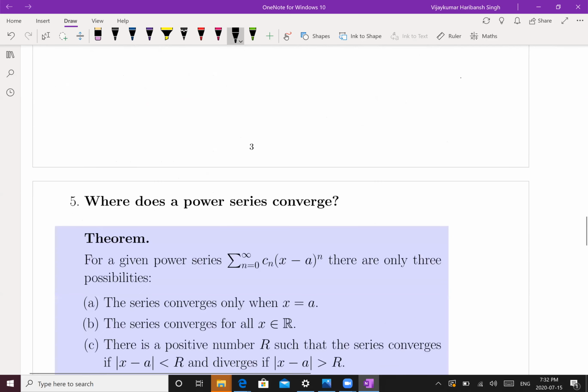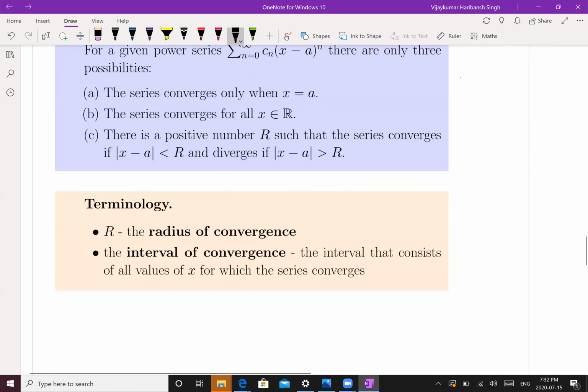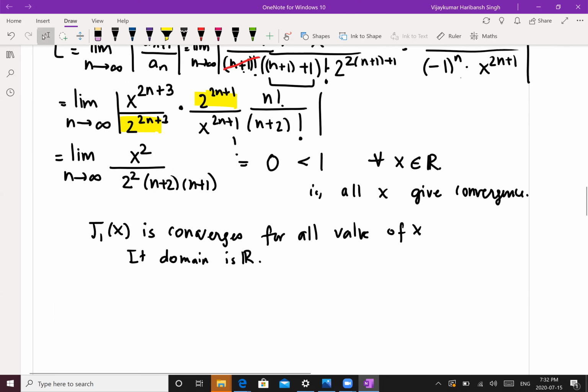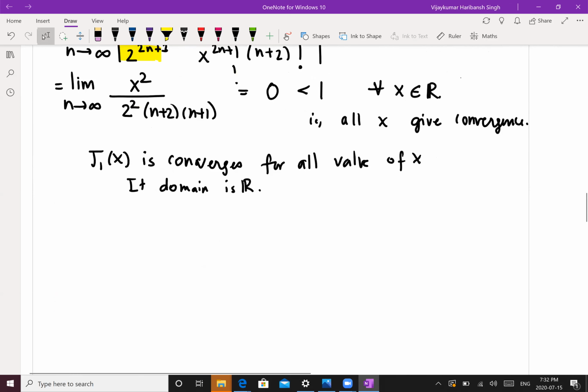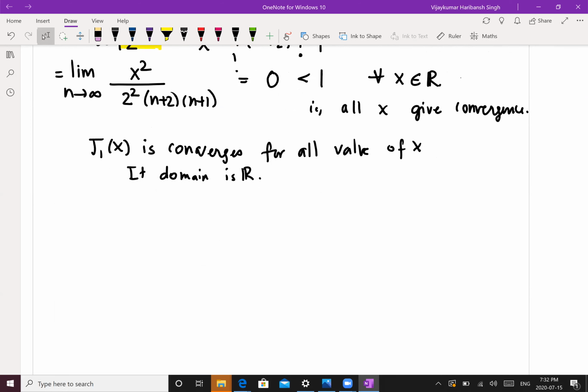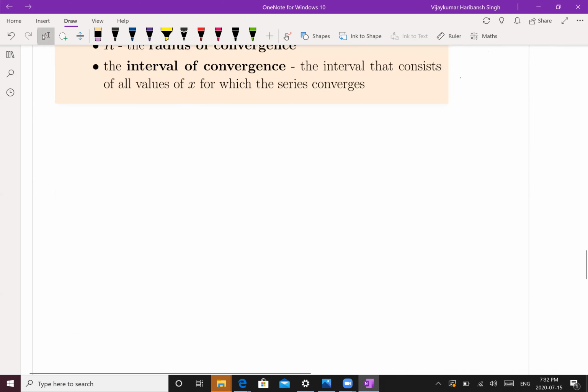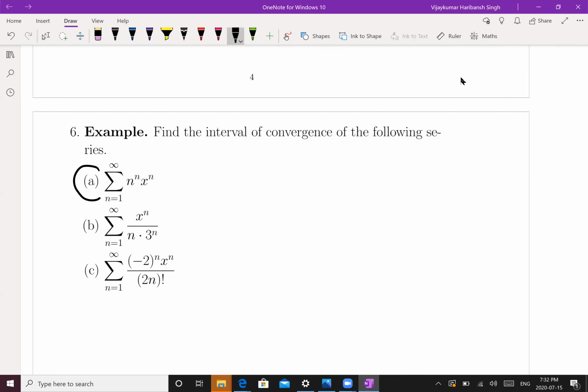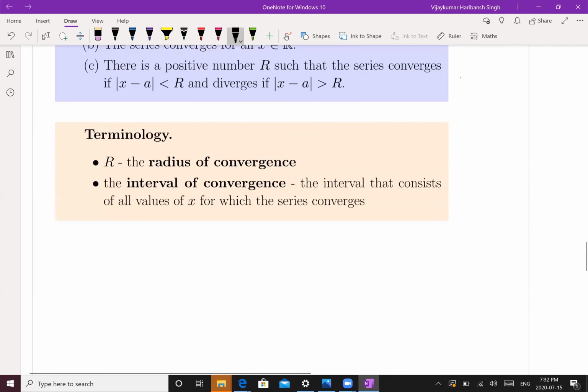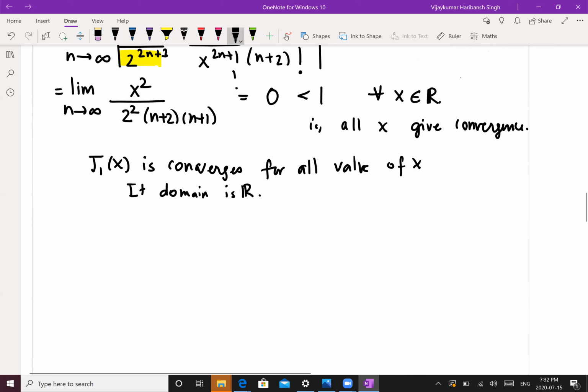So let's look at another example. Before we go further, I will borrow this example and try to do the same thing with it and see what we get.